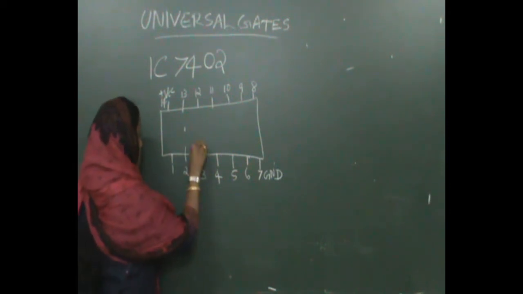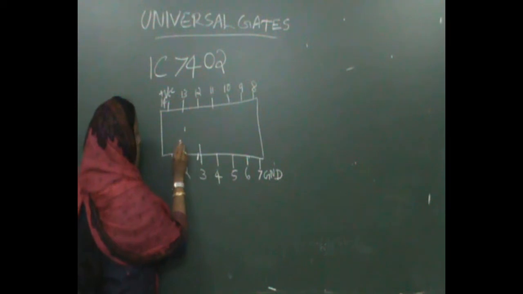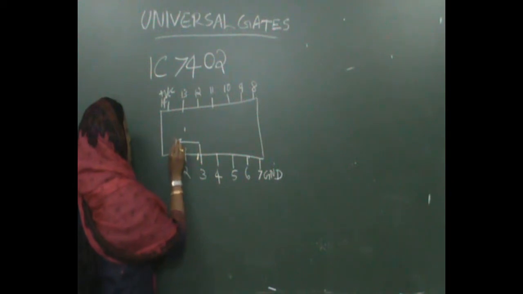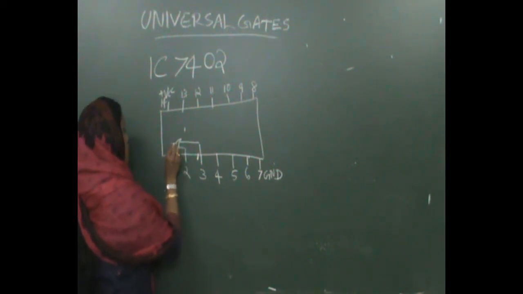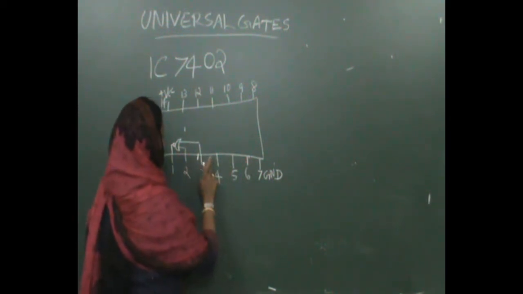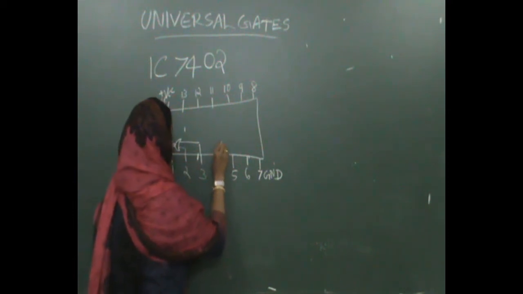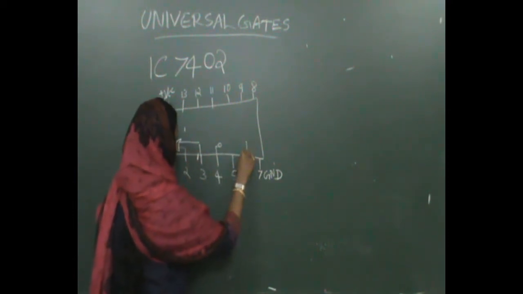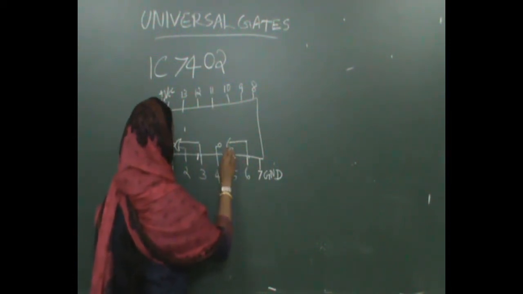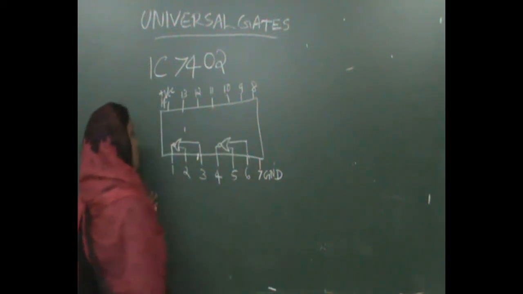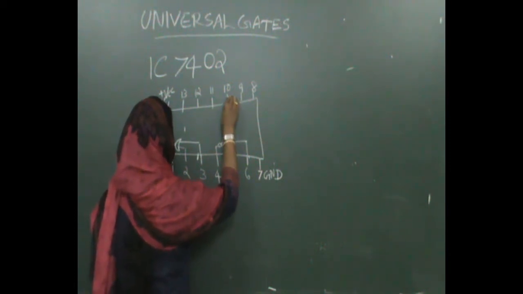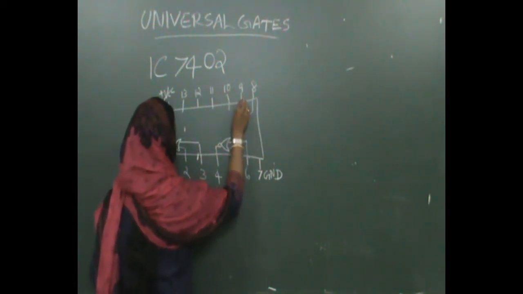So like this, a slight difference from your earlier circuits. This is the NOR gate here. The 4th one is the output. And the 6th and 5th are the inputs, like this. When it reaches here also, the 10th pin is your output.